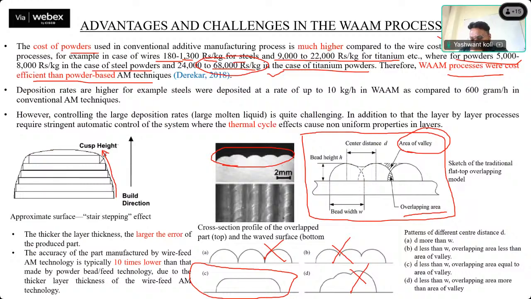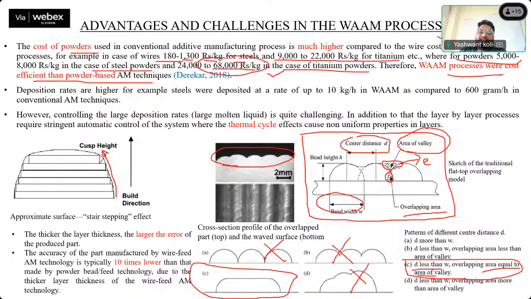See the C part, that is D less than W. D is the center distance and W is the bead width. If the center distance is less than the bead width, the overlapping area should equal the area of the valley. So we have to keep the area of overlapping and the area of valley equal.